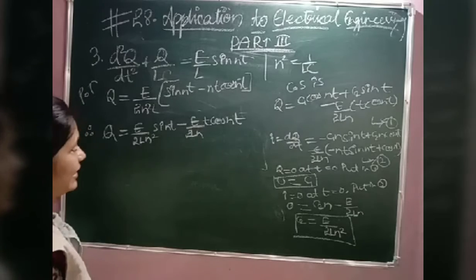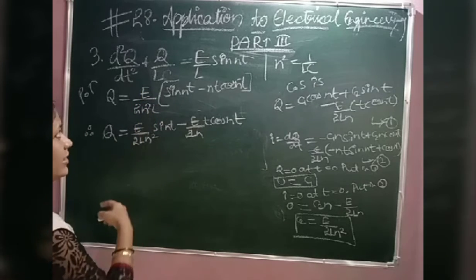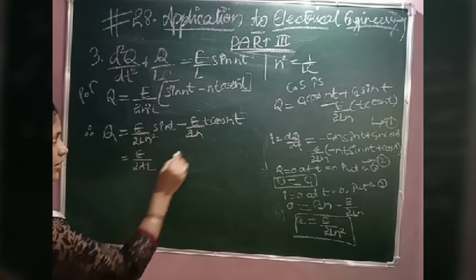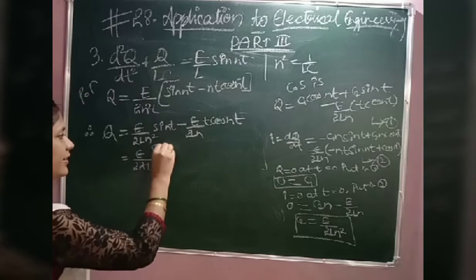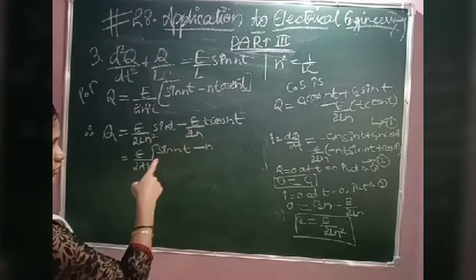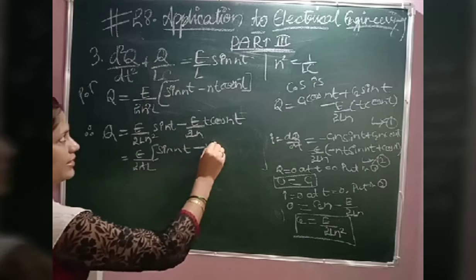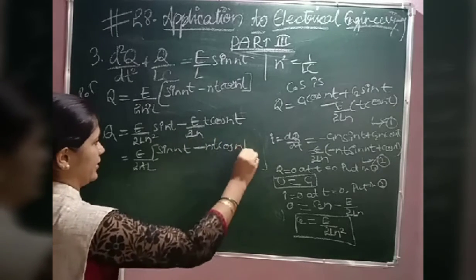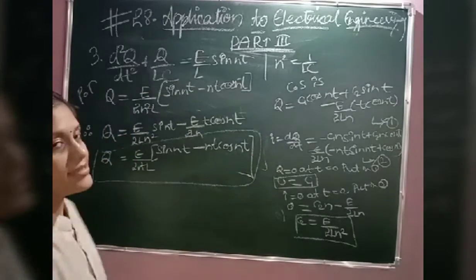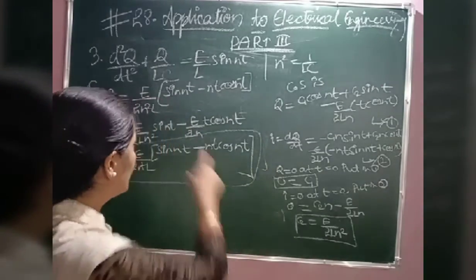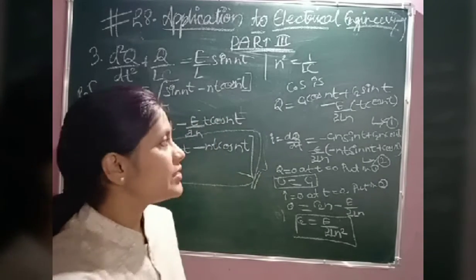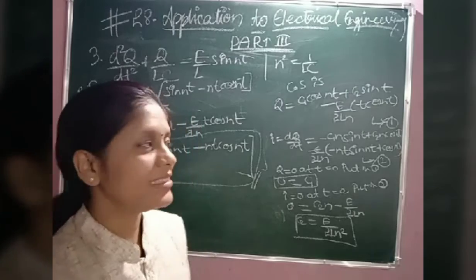But the given question has E by 2 N square L, so I can take E by 2 N square L common. What I am left with is sin Nt minus Nt cos Nt. This is the answer, which is the same as in the question. So we have proved that yes, we get the same answer. Now let us go to the next numerical, that is numerical number 4.